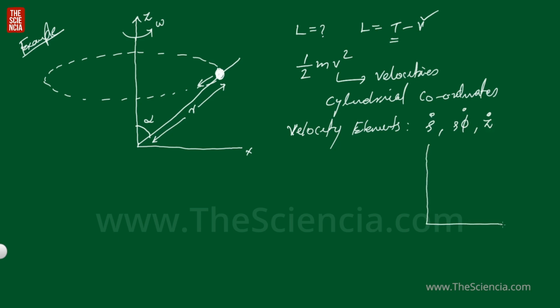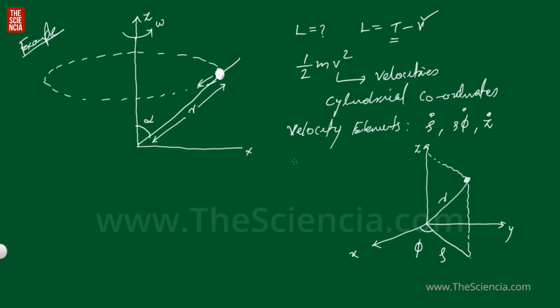So this one is the cylindrical coordinate system. See, this is x, y, and z. If there is a particle at this position, and this position vector is r, then the projection on this xy plane will be this one, and this distance is called rho, and this angle is phi, and this projection on z-axis is the z coordinate.